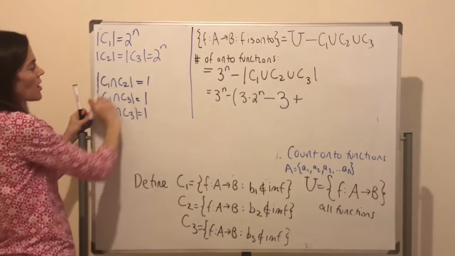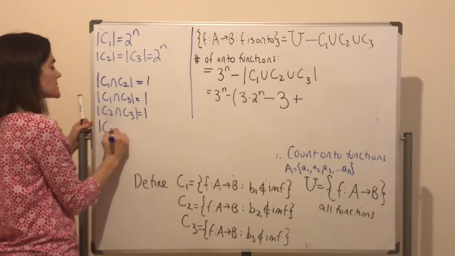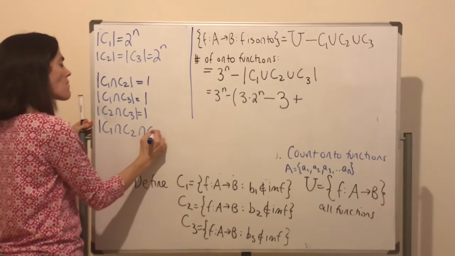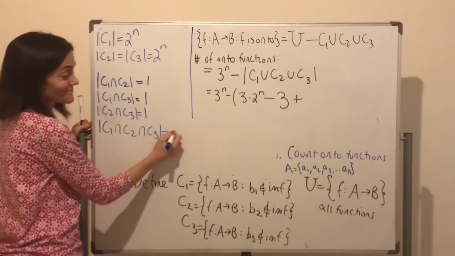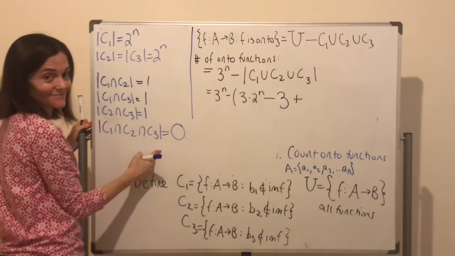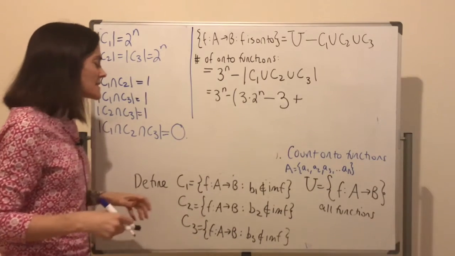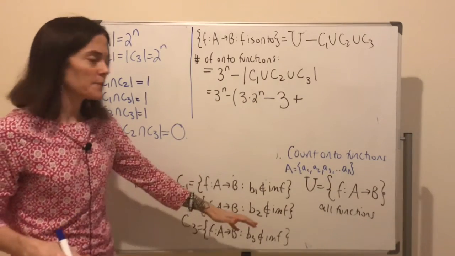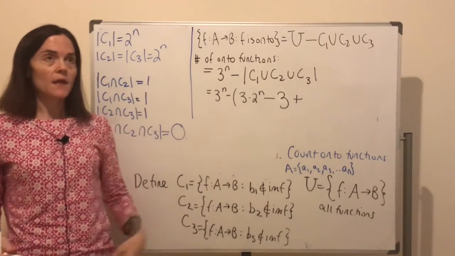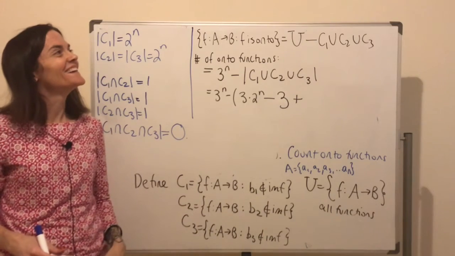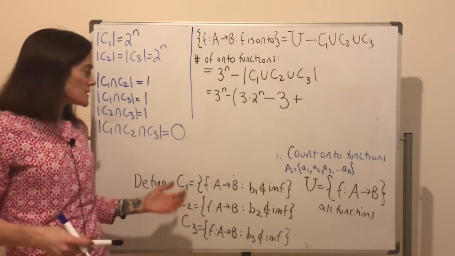Then we subtract all intersections of 2. Then we add back this. Well, zero, right? Because what this says is you have a function from A to B, but B1, B2, and B3 are all not in the image. Well, there are no functions like that, right?